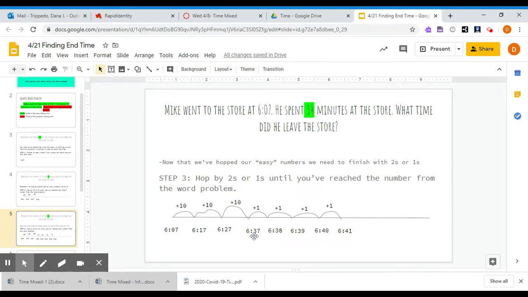So after we finished hopping that last 10 and got to 6:37, I hopped another 1, 6:38, another 1, 6:39, another 1, 6:40, another 1, 6:41. So that means that Mike left the store at 6:41.